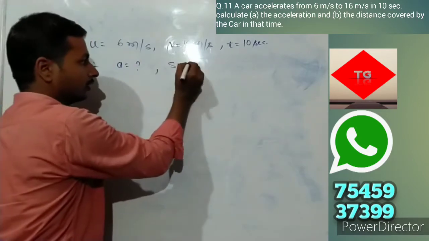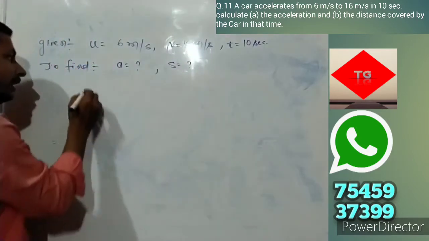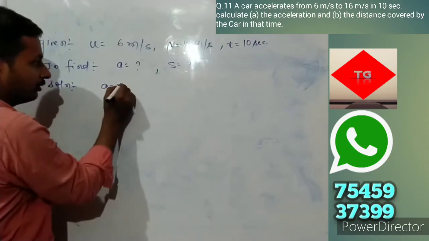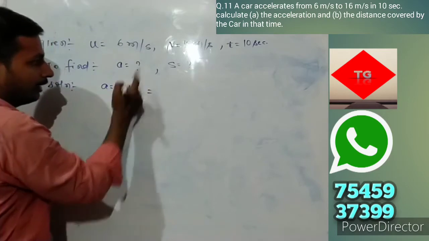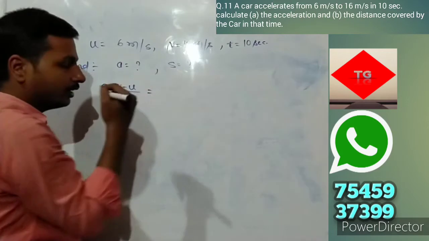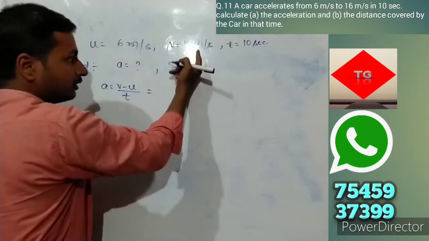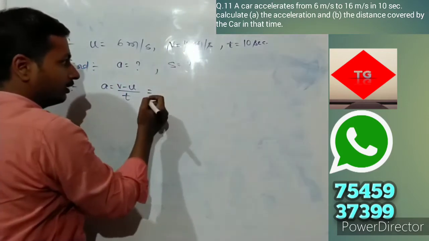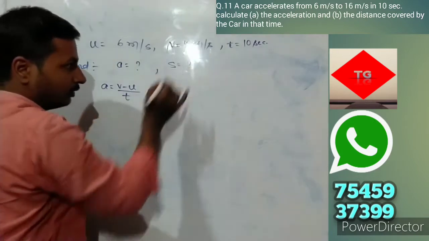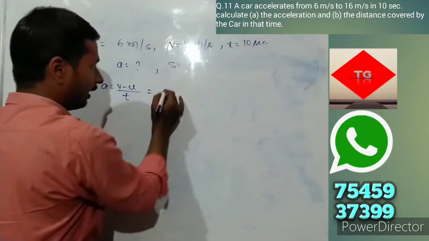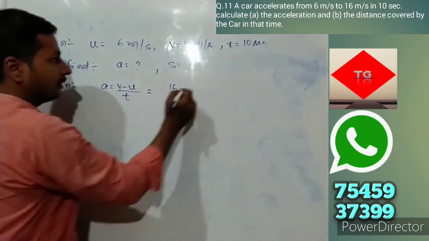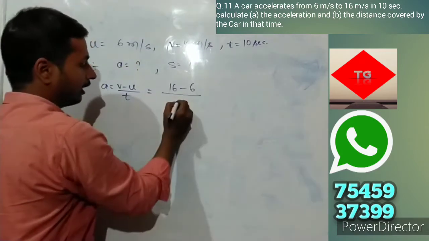You already know what acceleration is: change in velocity per unit time. Then acceleration is v minus u upon t. Here the velocities are already in SI standard units, so there is no requirement for conversion. The final velocity is 16, the initial velocity is 6, and the time is 10.